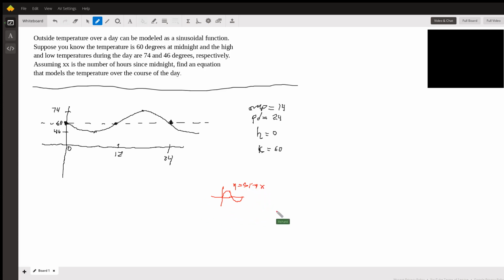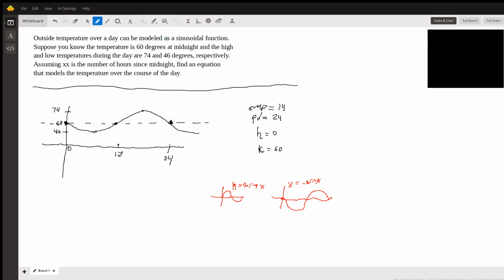But the negative sine curve, that's y equals negative sine x. That's going to start at the midline and go down. So that's why we can see that we have a negative sine curve.